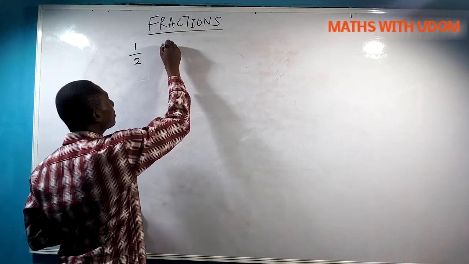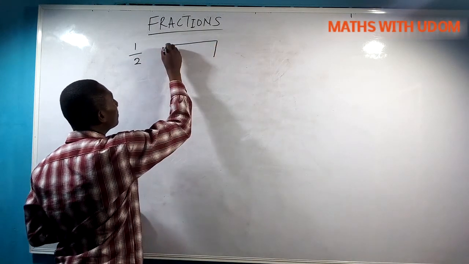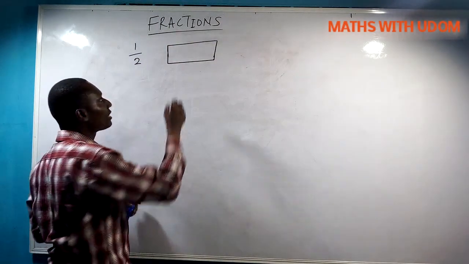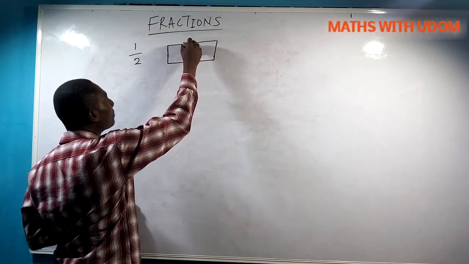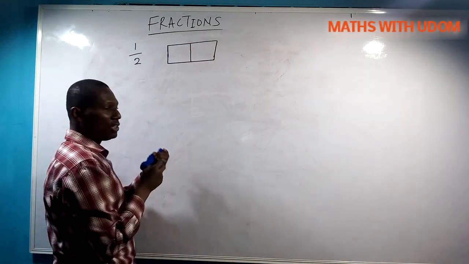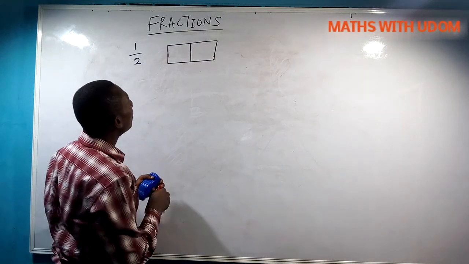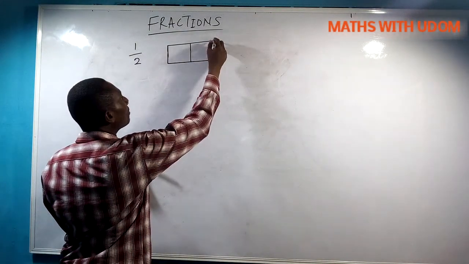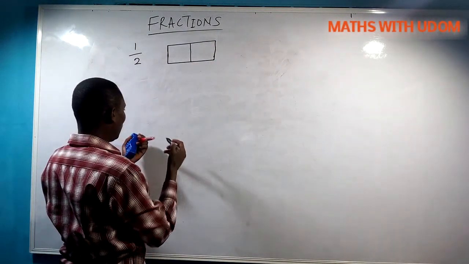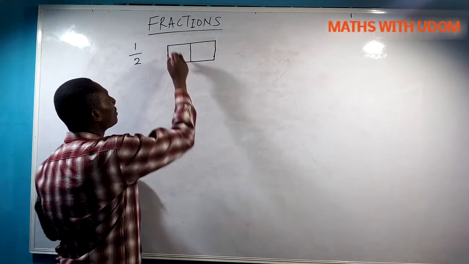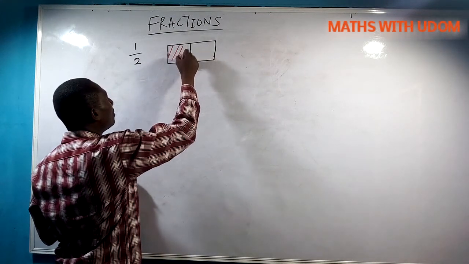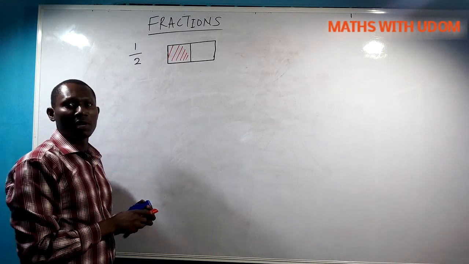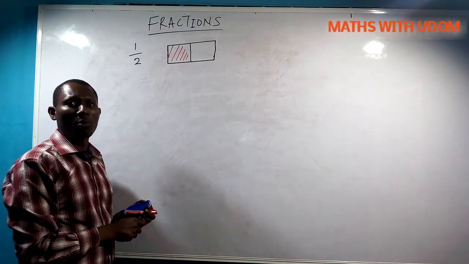Let's use a rectangle. You divide the rectangle into 2 equal parts, and then you shade one of the parts. Of course, make sure that the rectangle is divided equally. So you shade one of the sides. This is the pictorial representation for 1/2.